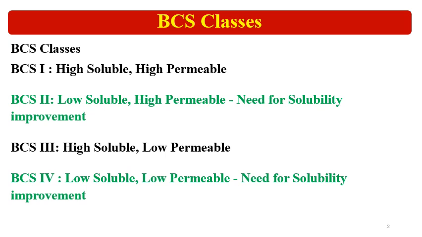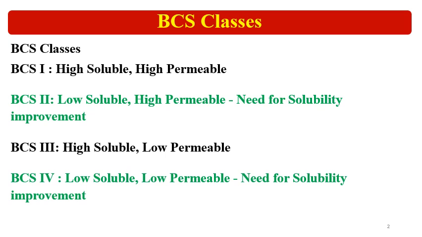BCS class 2 drugs are low soluble and high permeable. That means if you increase the solubility, then the BCS class 2 drugs will get highly absorbed because they have high permeability. BCS class 4 drugs are low soluble and low permeable, but solubility enhancement is required, though there is limitation of the permeability, because the first stage is solubility and the second stage is permeability.